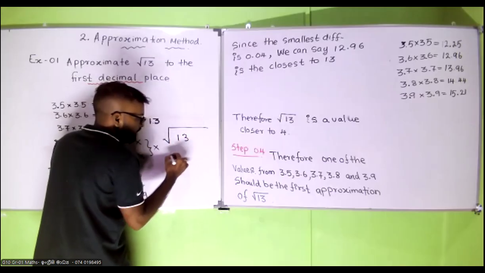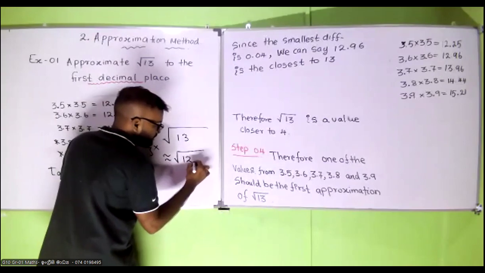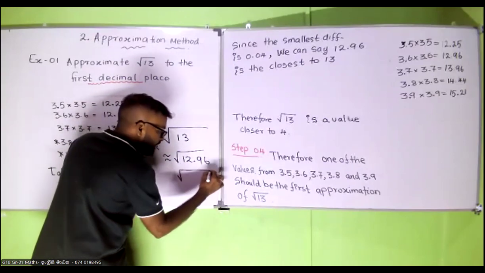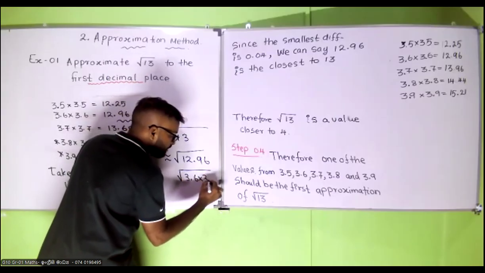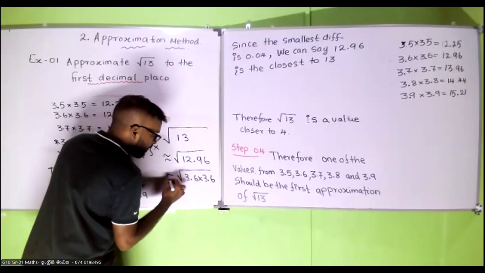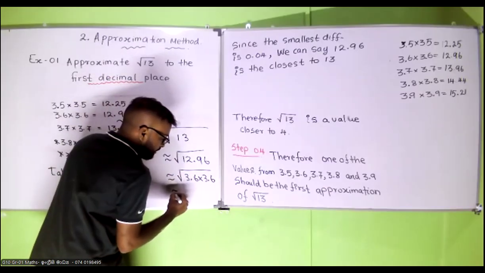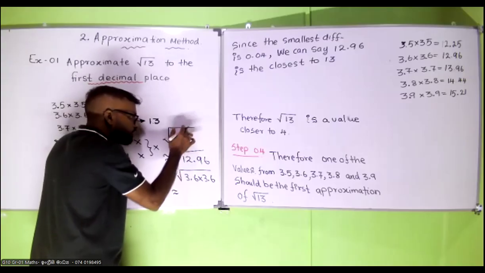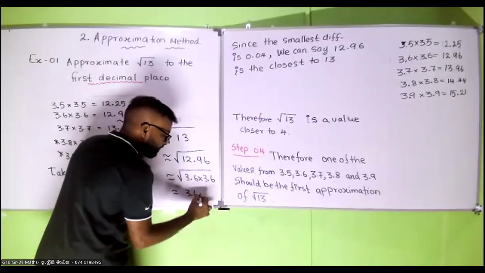Square root of 13 is very close to square root of 12.96, and 12.96 can be written as 3.6 into 3.6. That means the first approximation of square root of 13 is 3.6.